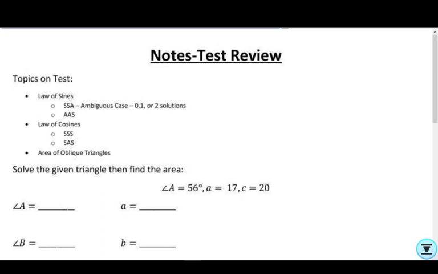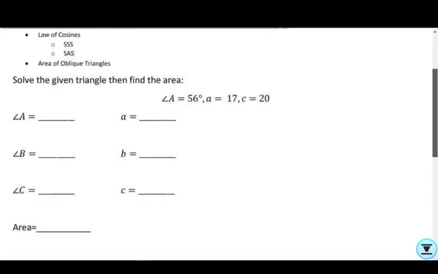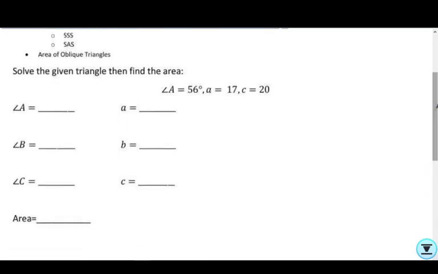So the first triangle that we're given. When we start any kind of problem where we're solving the triangle, the first thing we've got to do is figure out which case we have. In this case, I have two sides and an angle, and my angle matches one of my sides, so this is the actual ambiguous case.